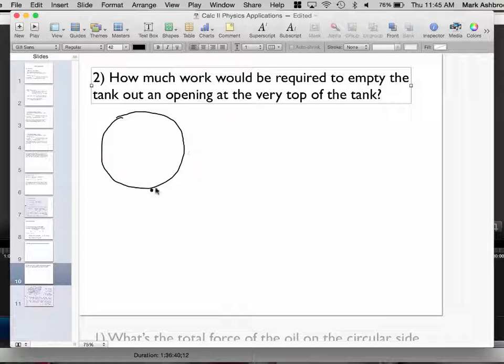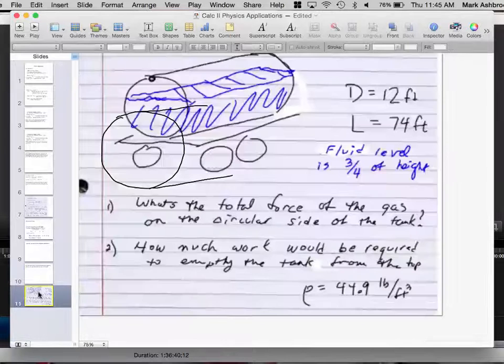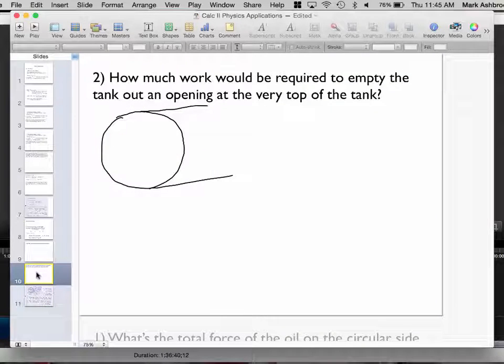And then this is going back this way. And we have D equals 12, L equals 74, and rho is 44.9.